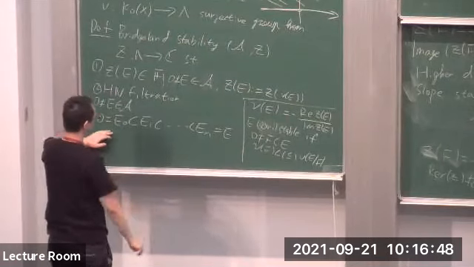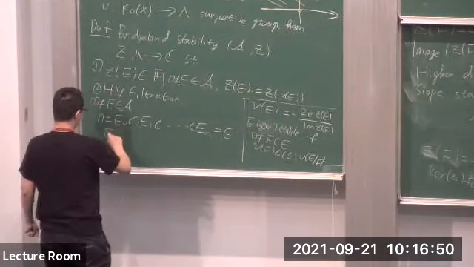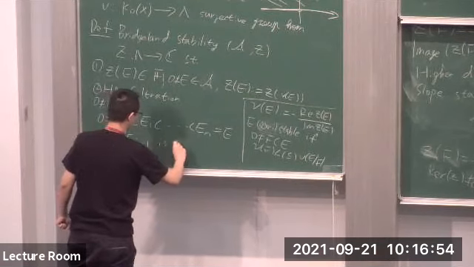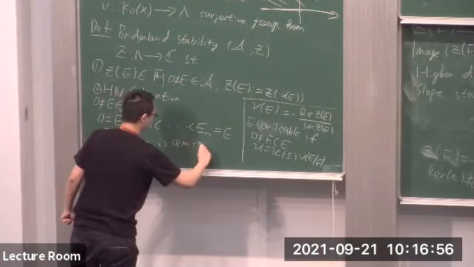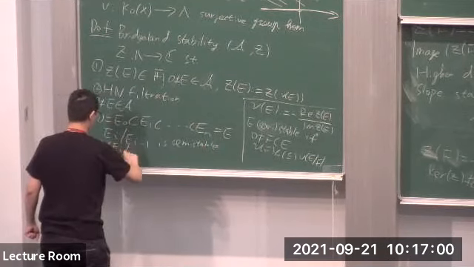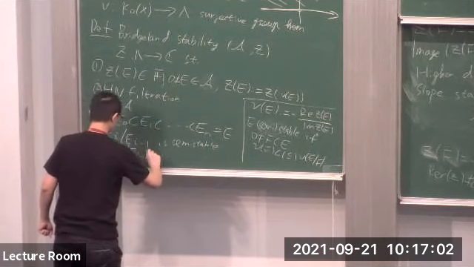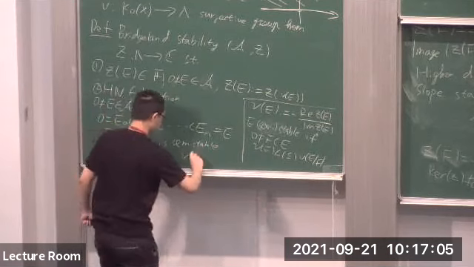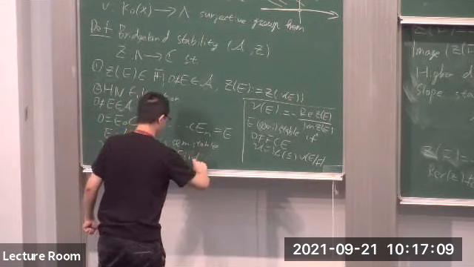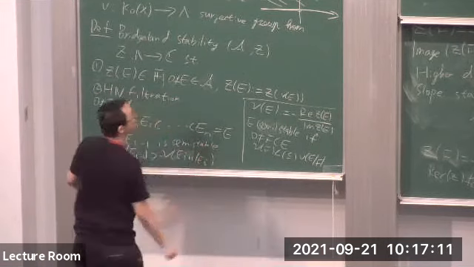And the HN filtration means that E_i over E_{i-1} is semi-stable, and the slopes of them are decreasing: the slope of E_i over E_{i-1} is larger than or equal to that of E_{i+1} over E_i.